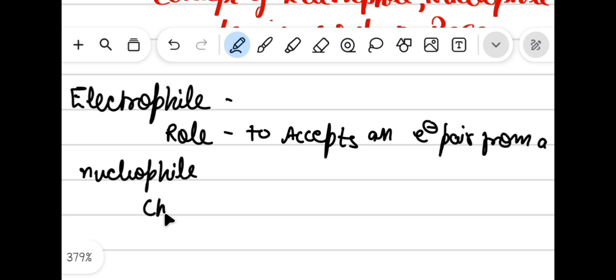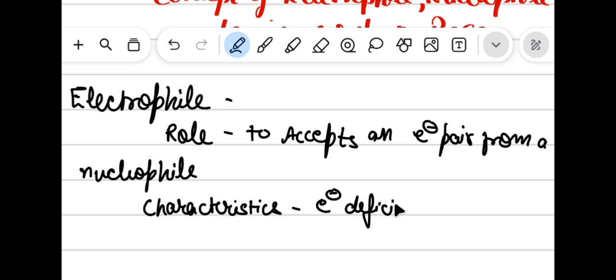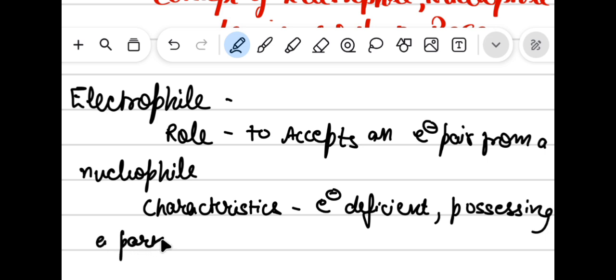Characteristics: these are electron deficient, possessing a partial or full positive charge.